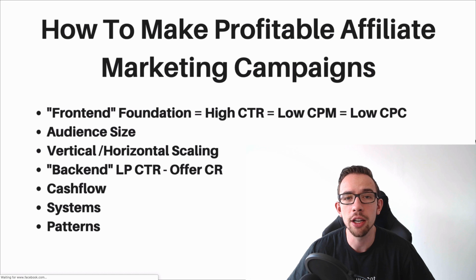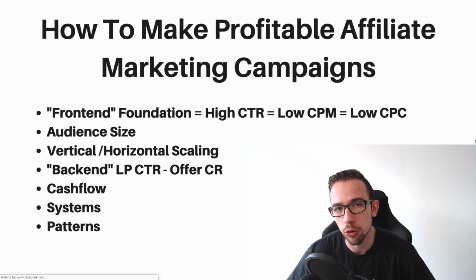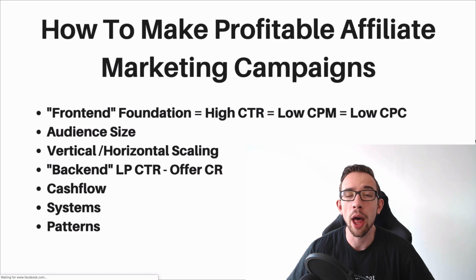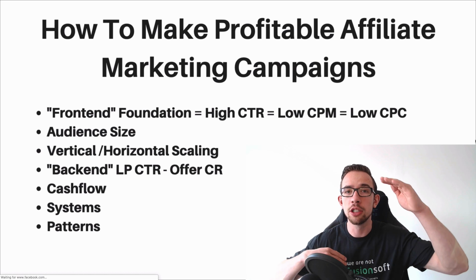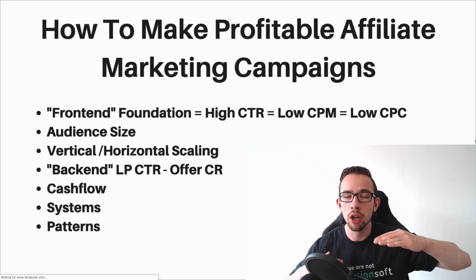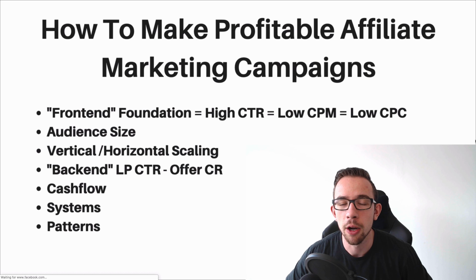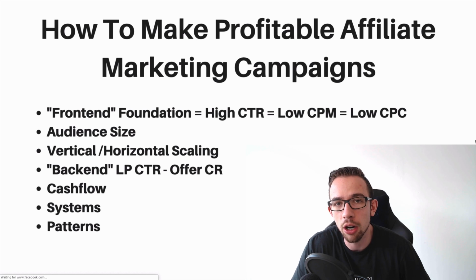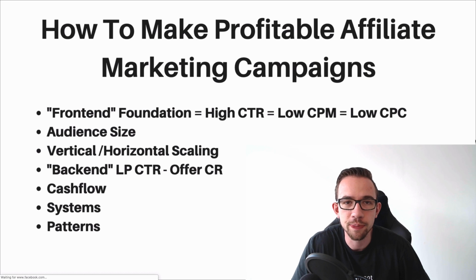So if you get a high CTR, you get a low CPM, and as a result, you get a low CPC. This way, you will be able to send more clicks to the backend, which increases the odds of success. If your CPC is 3 times as low as normal, you get 3 times as much traffic, so the odds of profitability are very much increased.